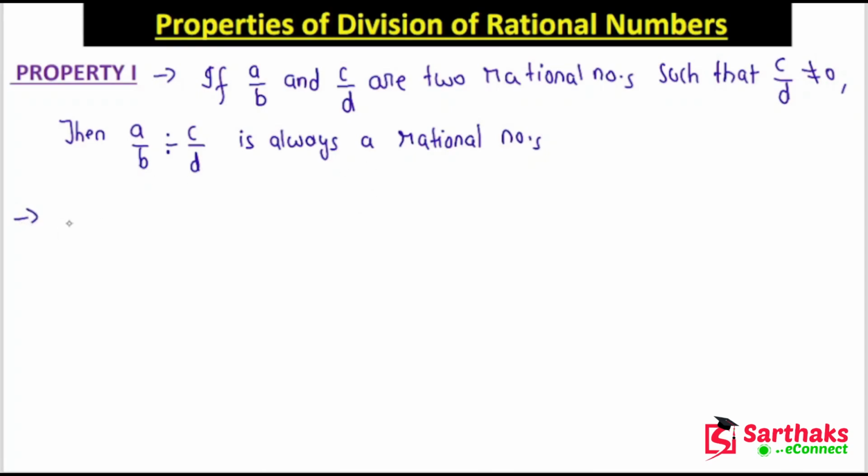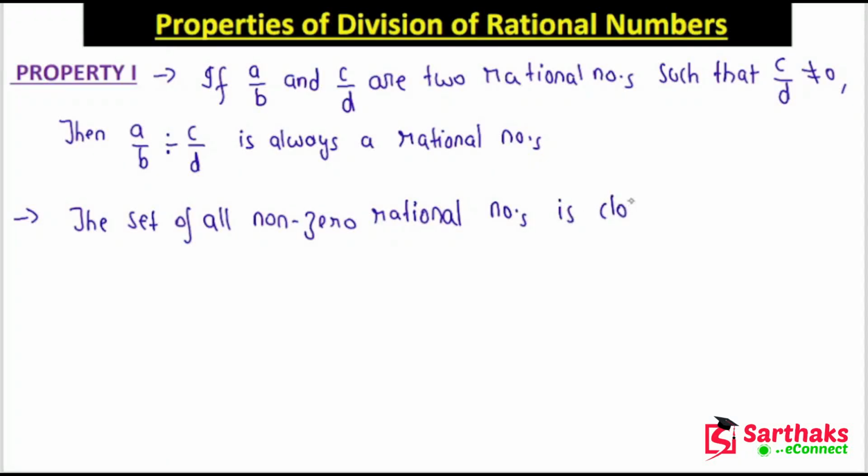So this simply states that the set of all non-zero rational numbers is closed under division.